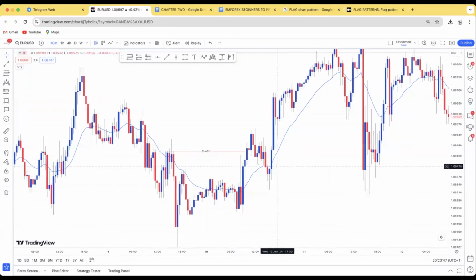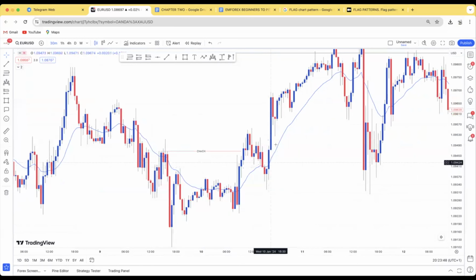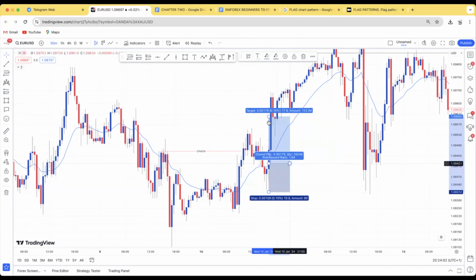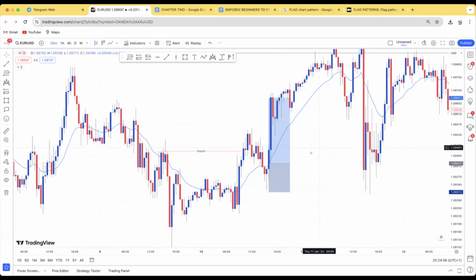And now the next thing is that our moving average crossover is taking place. It's crossing over. So if you take a buy entry from this level, and then your stop loss just below the hammer or the confirmation candle, this is a good trade for a 1:2 risk to reward ratio.